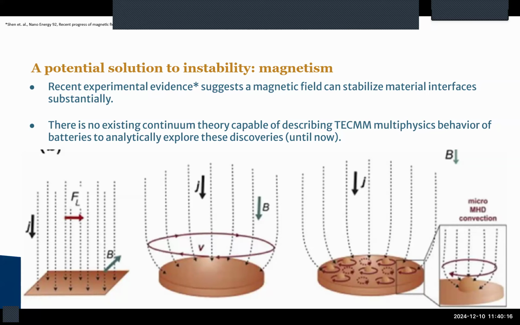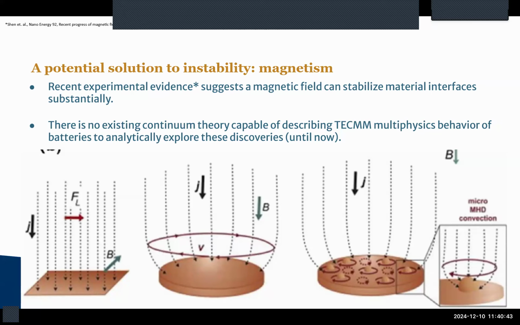When you have a magnetic field, if the current tends to diverge towards a dendrite tip, the magnetic field in principle should pull it back on course, because the effect of a magnetic field on a moving charge is basically, if it's in line, there's no effect. If it starts to move out of line, it starts to change the direction of the charge.